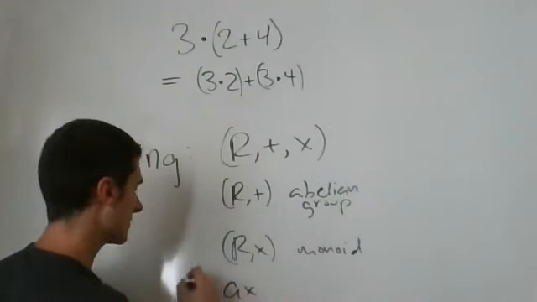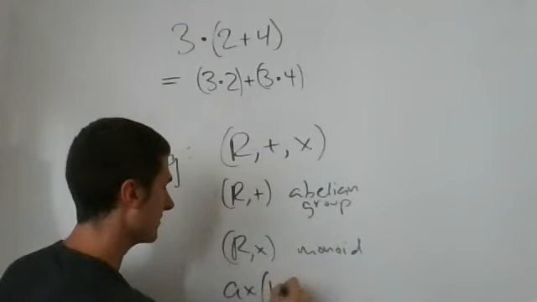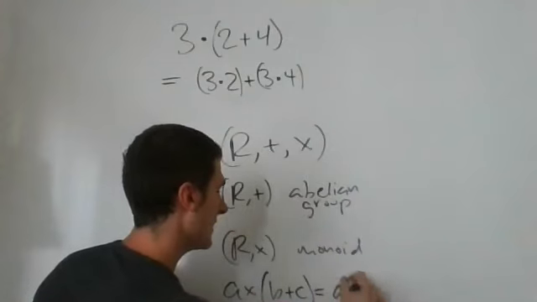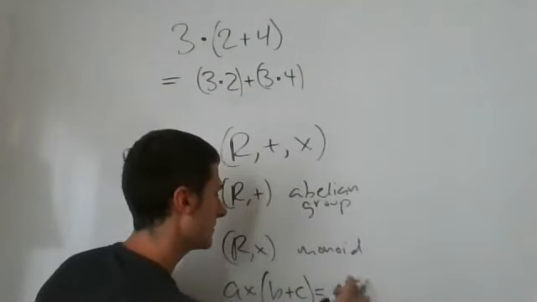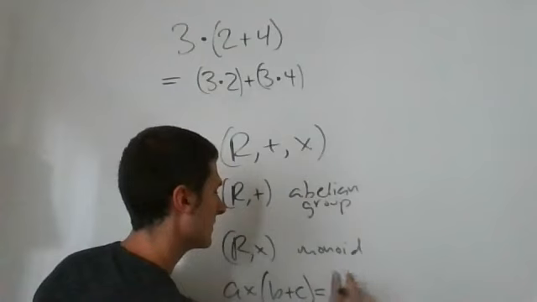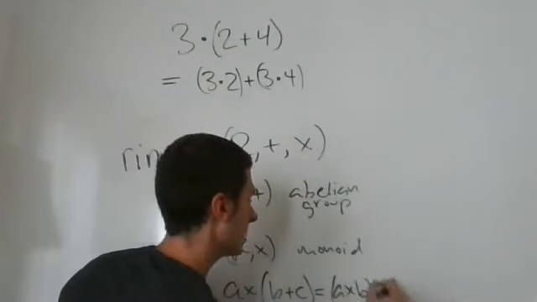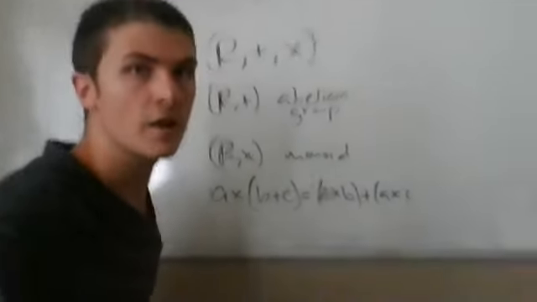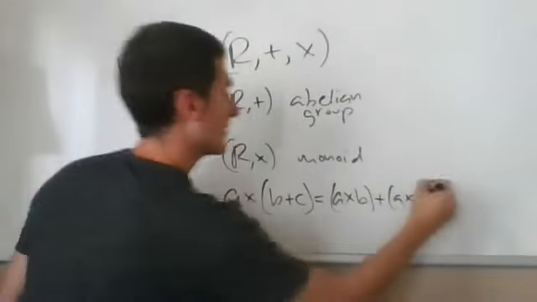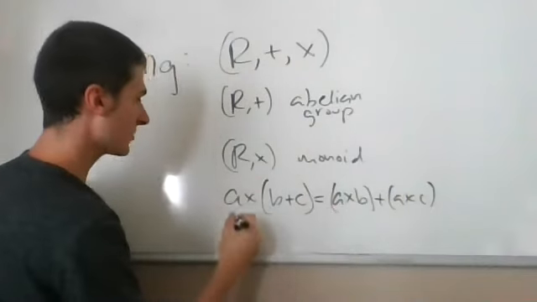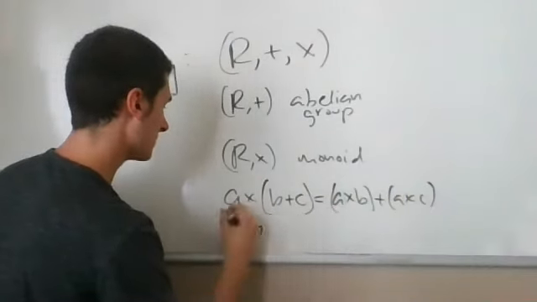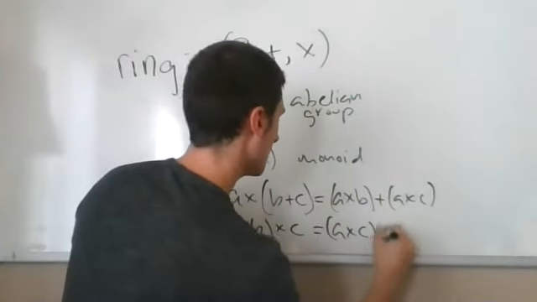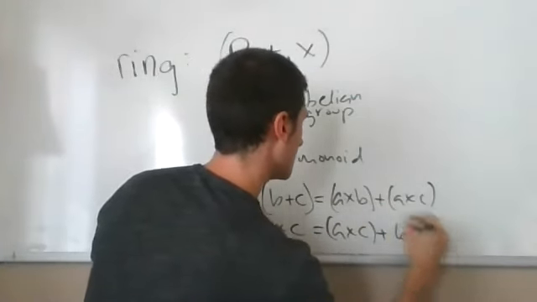So such that for all a, b, c, a times (b plus c) equals a times b plus a times c. And then similarly for the other side, (a plus b) times c equals a times c plus b times c.